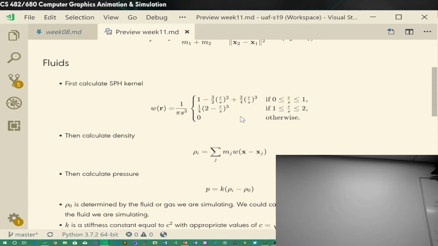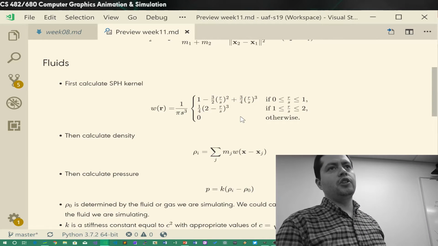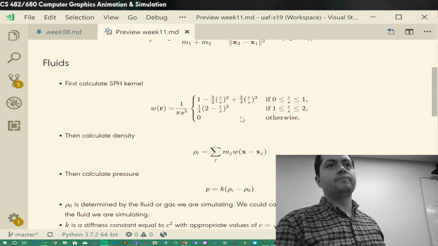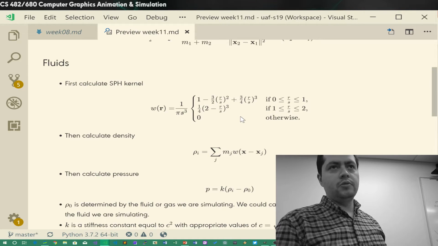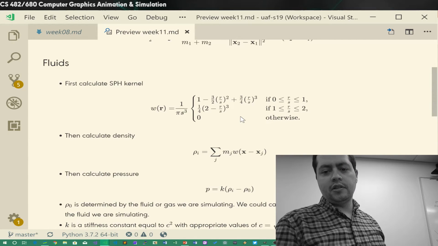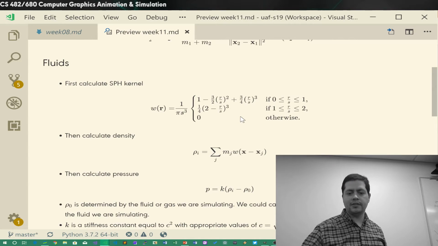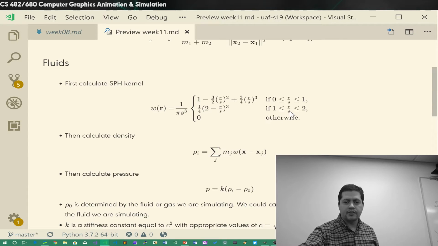And particle J is going to be what value? Some value between 0 and, is it 2? Let's just say that R is 2 times S, because we have this case, R over S is 2.